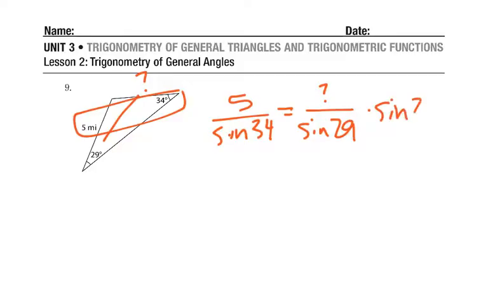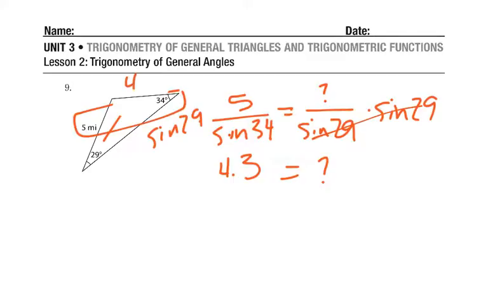So I times by the sine of 29, so I get the sine of 29 degrees times 5 over the sine of 34 degrees. So I get about 4.3. Okay, so that side is 4.3.